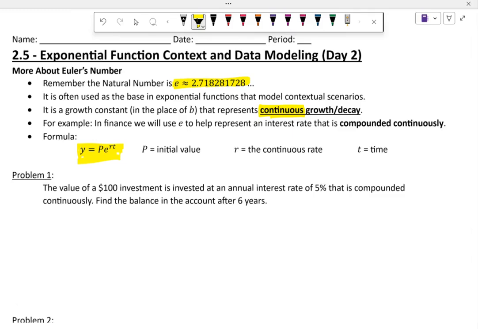In the case of being compounded continuously, that means instead of interest being applied only once per month, it's being applied continuously. So every single second, millisecond, nanosecond, our interest is being applied.